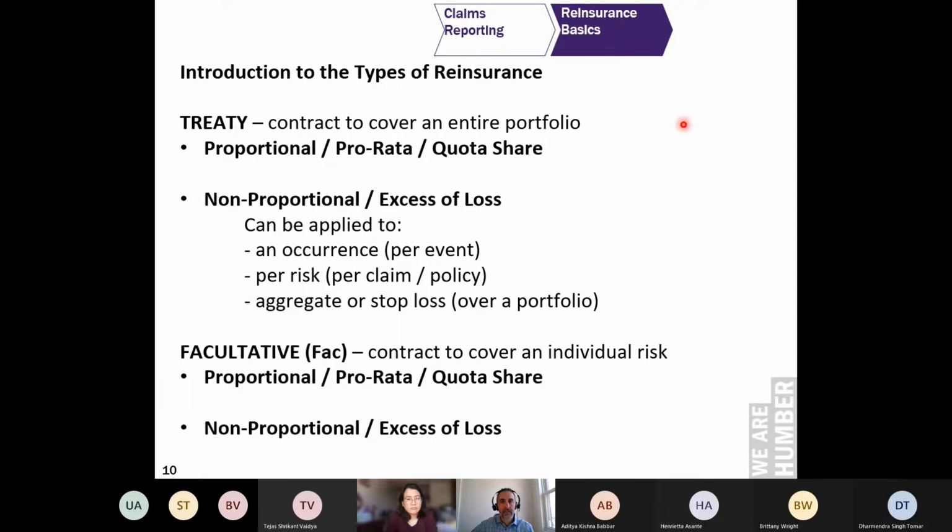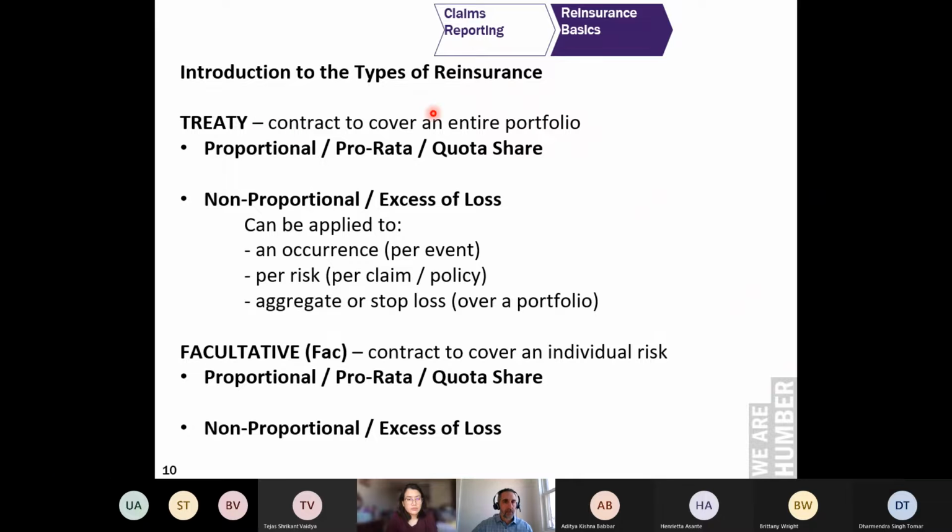I think it's important to understand why a company would use it, and different types of reinsurance have different types of impacts on the way claims are recovered, which is the next piece that we get into.